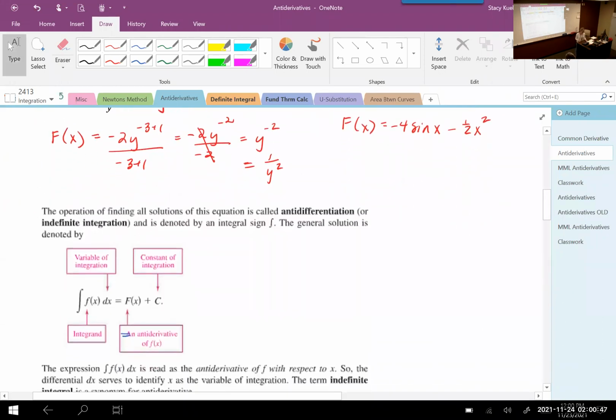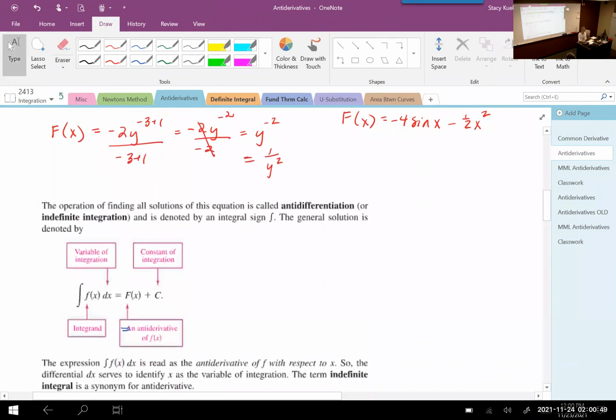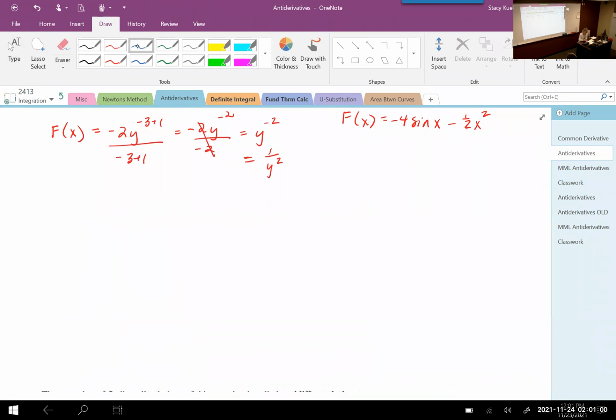Now this process of taking the antiderivative gives us multiple solutions. So I want to just write something out here really fast for us. Let's say f1 of x is equal to x cubed, and this is what we are defining as the function.